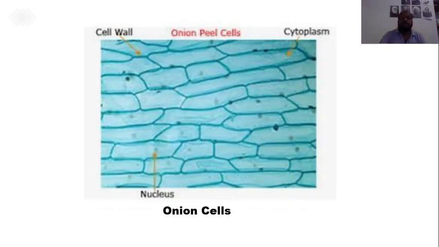The cells of the onion peel are actually epidermal cells. They are polygonal or elongated cells, and they have a prominent nucleus. Here the nucleus is prominent, and a large vacuole is also present. This is a simple structure, which we can easily observe under the microscope by doing this practical.